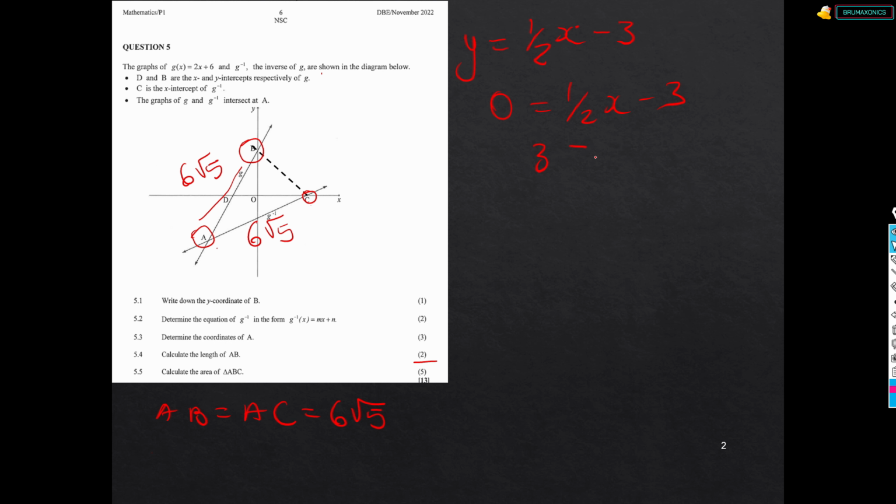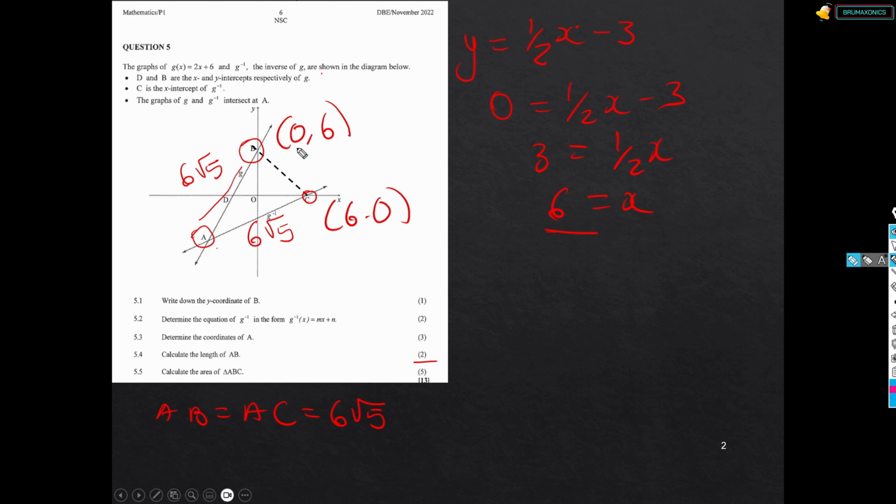So then 3 is equal to 1 over 2x, multiply both sides, and then x is equal to 6. Meaning that here we have 6 and 0 for C, and then here we have 0 and 6.